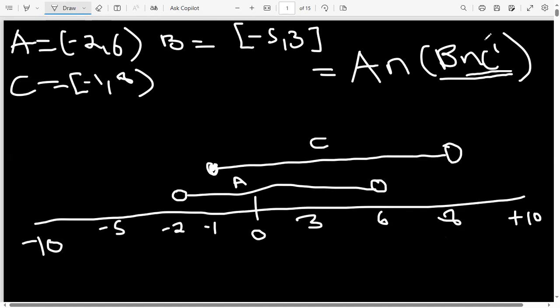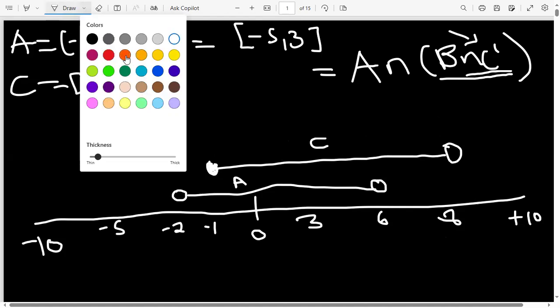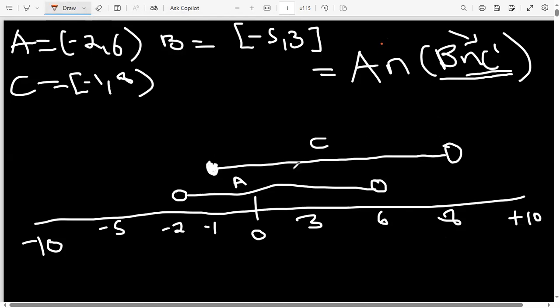But remember, from these brackets, we're not interested in the set C itself, we're interested in its complement. So how do we find its complement? I'll use the red to find the C complement. You come to the start point of this set C and check if this circle is included or not. We see that this circle is included in the set C, so in the C complement it won't be there.